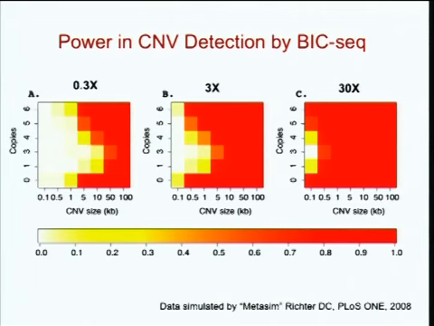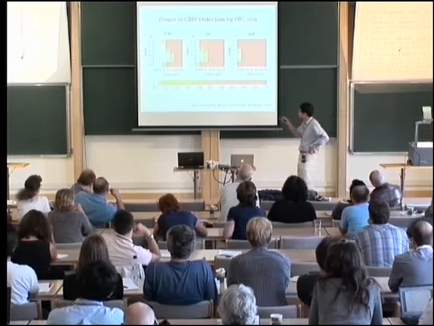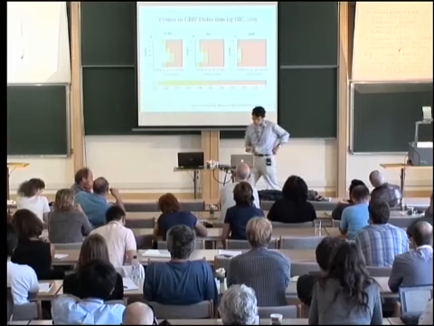We can also do calculations based on some simulated data as to what CNV size with different copies would be detectable using this algorithm. Obviously, if you have high coverage, then we have high power to detect these. And as you go down lower, it becomes a little bit harder to tell.